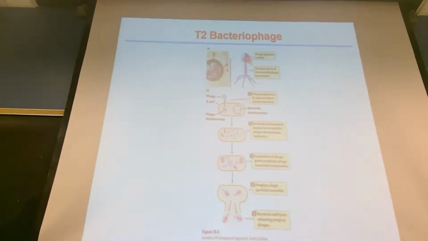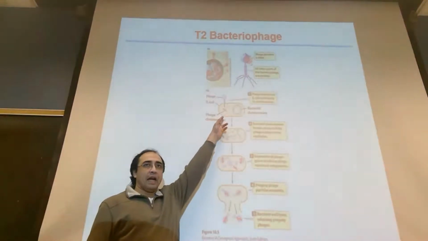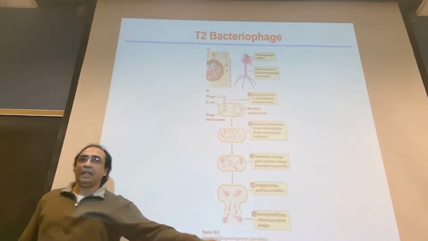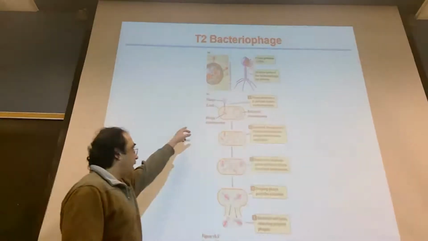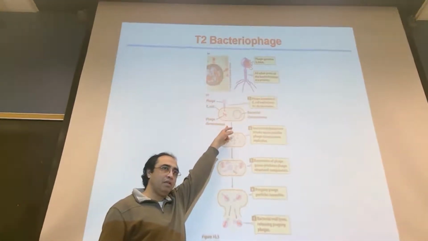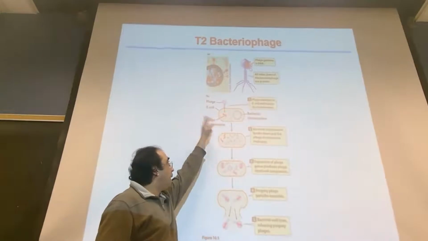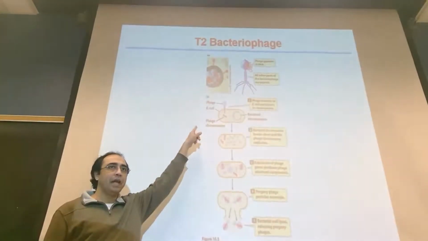What is the function of this one? They generally attack the E. coli, Escherichia coli bacteria. When they attack those bacteria, they transfer their genetic material into them and break down the genetic material of the bacteria, the circular DNA.